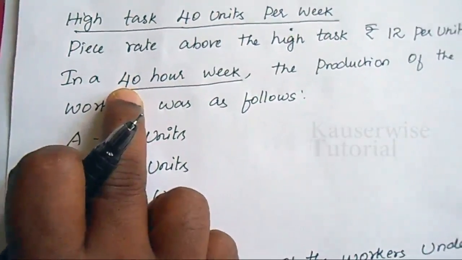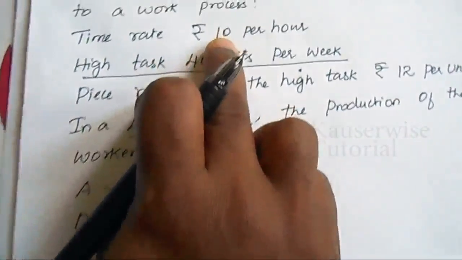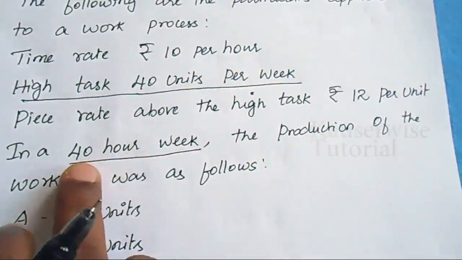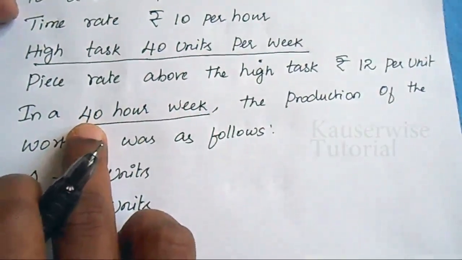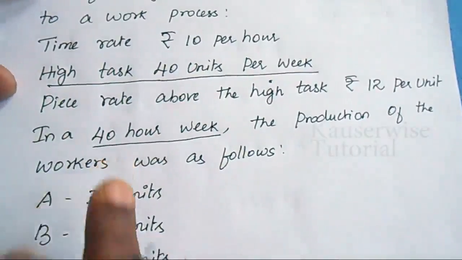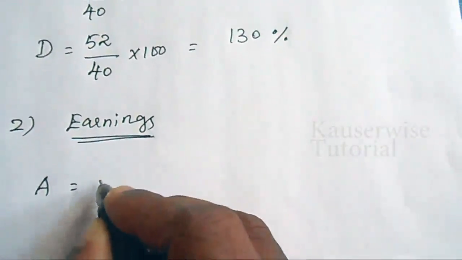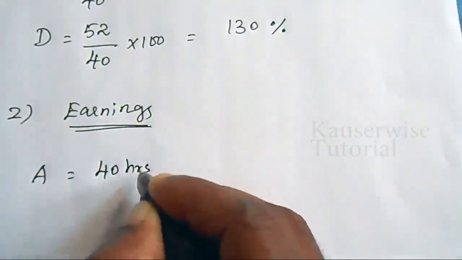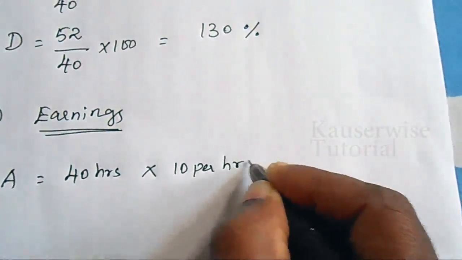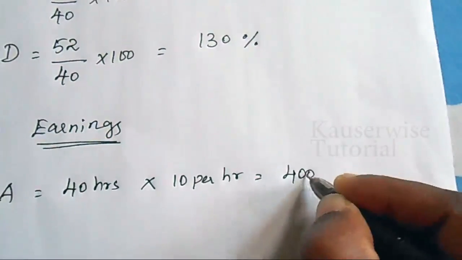For each hour, they get 10 rupees per hour. So what is the time wage? 40 into 10, 400 is the time wage.